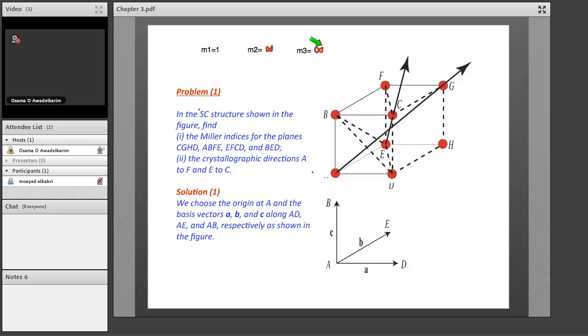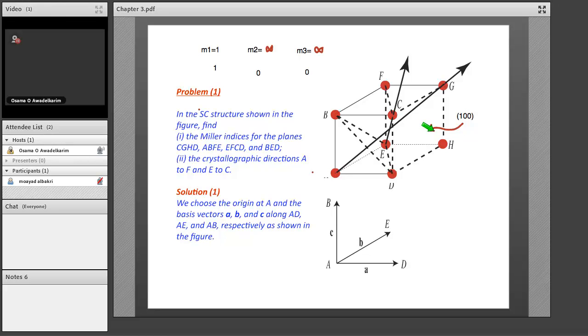So when we take the reciprocal, the reciprocal of 1 is 1. The reciprocal of infinity is 0, which is more meaningful than infinity. And the reciprocal of infinity here is again 0. So this plane is going to be the 1, 0, 0 plane. So this first plane is the 1, 0, 0 plane.